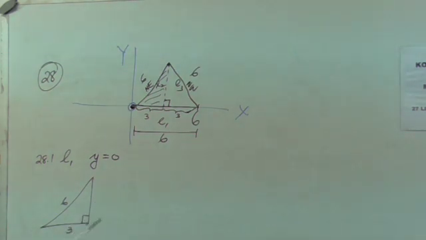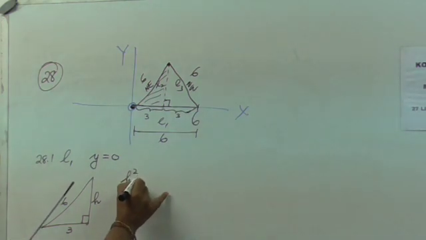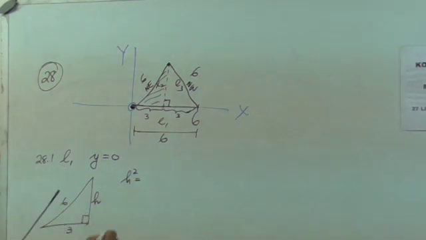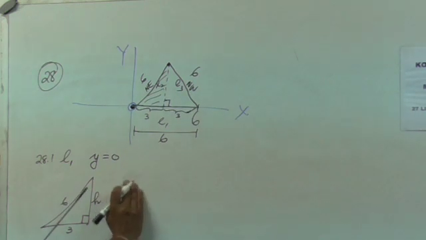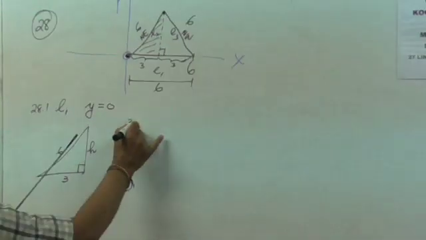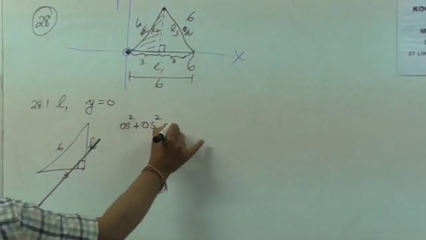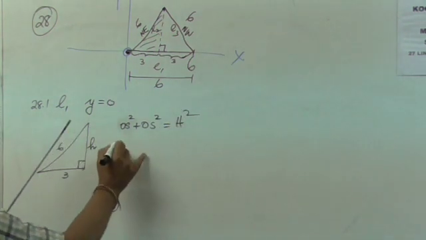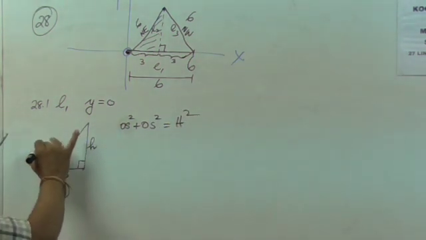But by the theorem of Pythagoras we can find this. Let's just call it h. So we're trying to find h. By the theorem of Pythagoras, let's do it the long way, other side squared plus other side squared is equal to the hypotenuse squared. This is the hypotenuse.